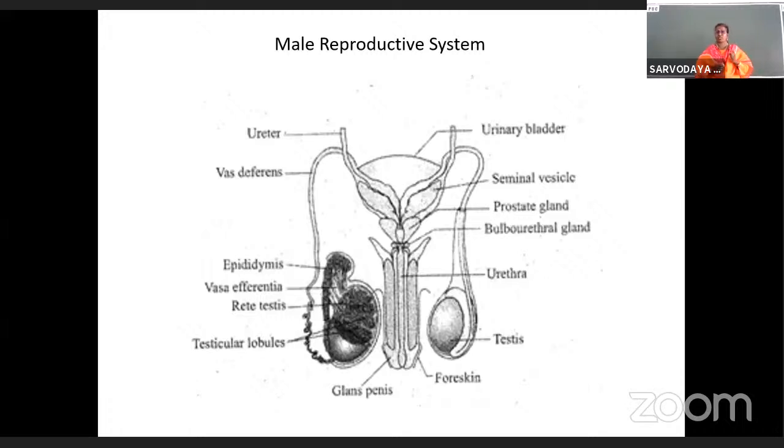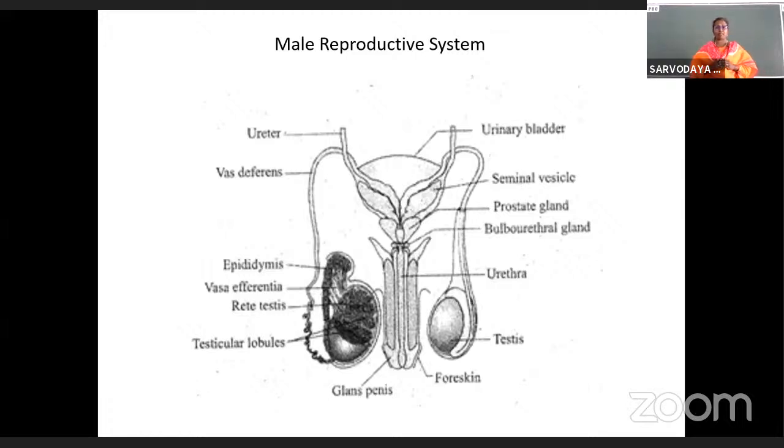Yesterday's class, we started with the male reproductive system. What are the parts it includes? If you look at the diagram which I have shared on your screen, you can say a pair of testes, followed by accessory ducts, accessory glands, and external genitalia.